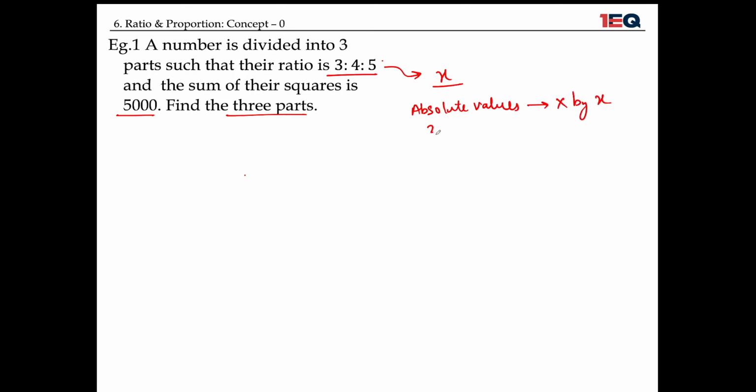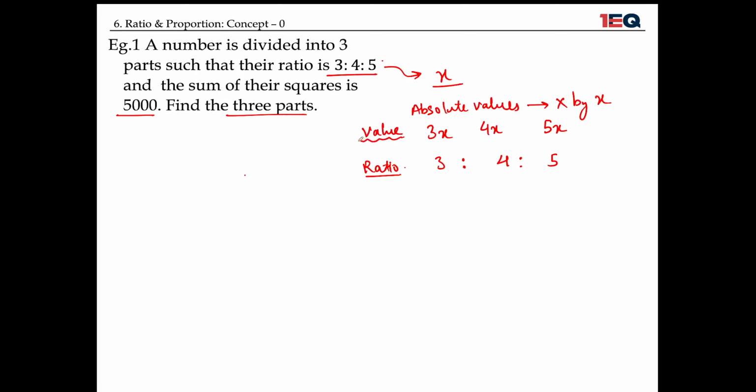So what they'll teach you is that 3x is the absolute value of something which was sitting in the ratio of 3 is to 4 is to 5. Similarly, 4x was the value, and similarly 5x was the value. Remember this: this is value and this is ratio.